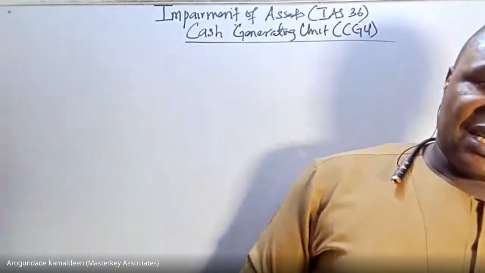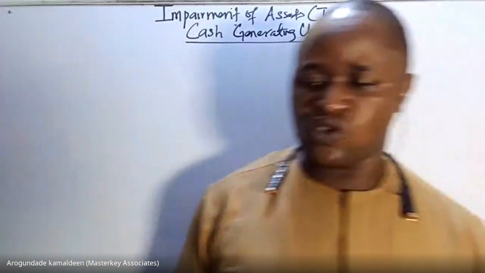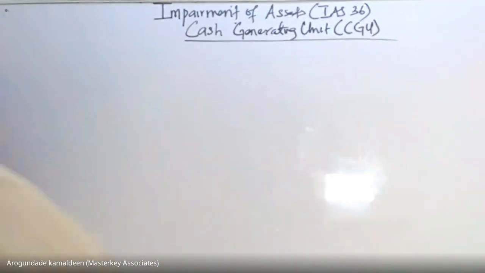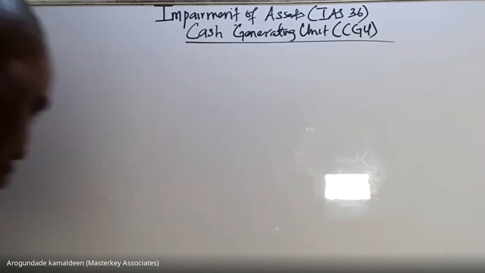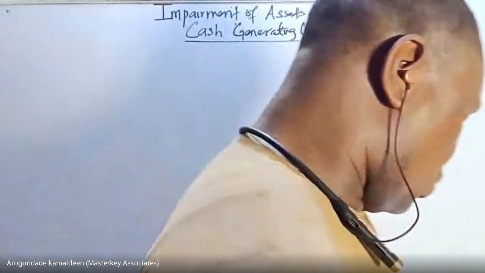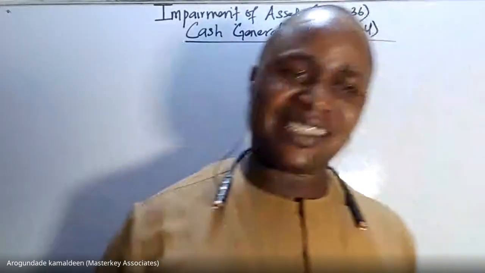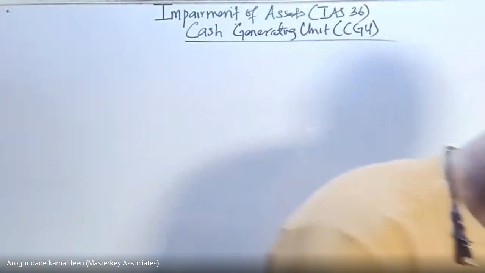Now, a cash generating unit could be a department of an organization. It could be a branch. It could also be a subsidiary. This is the smallest group of assets for which independent cash flow can be identified and measured.